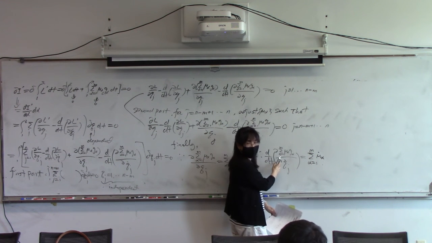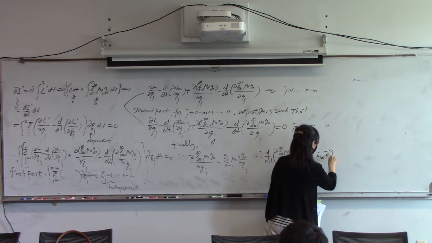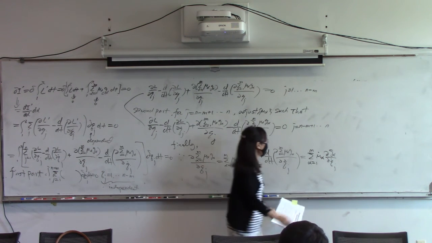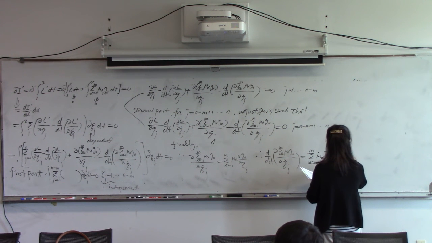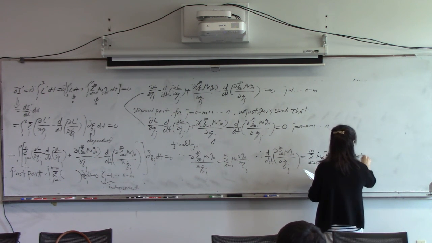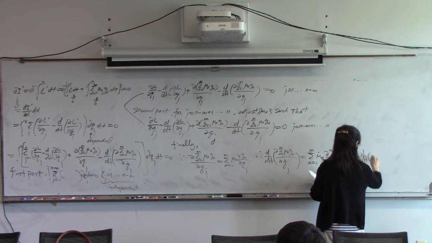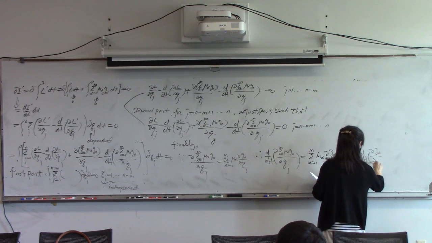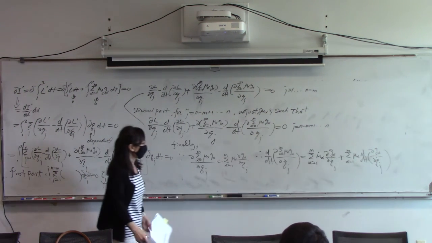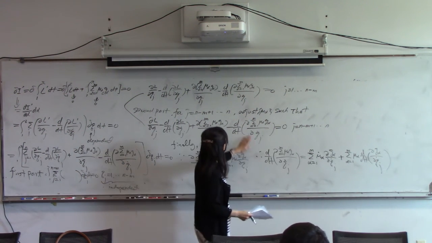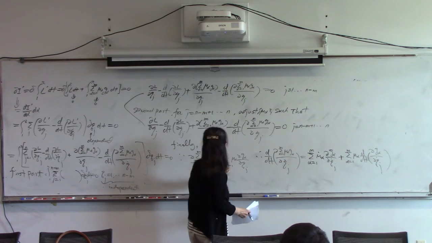I do the total time derivative and keep partial g alpha partial q_j dot. The second one is the summation alpha from 1 to m: I keep mu alpha and take the total time derivative of partial g alpha partial q_j dot. Then we can put these two terms here.